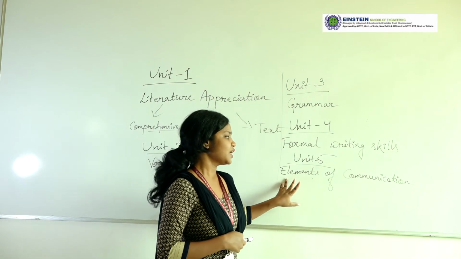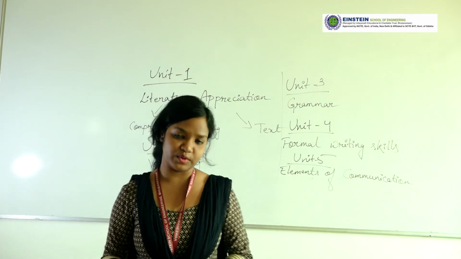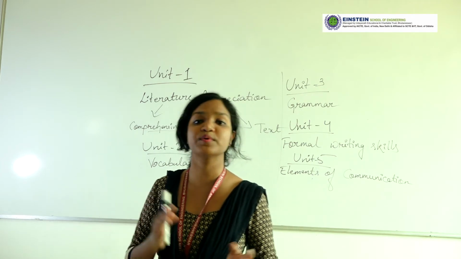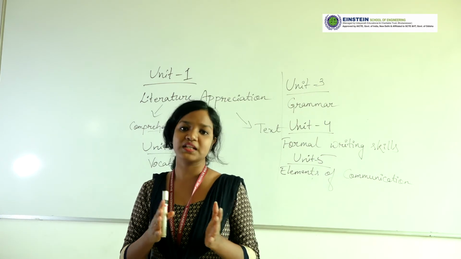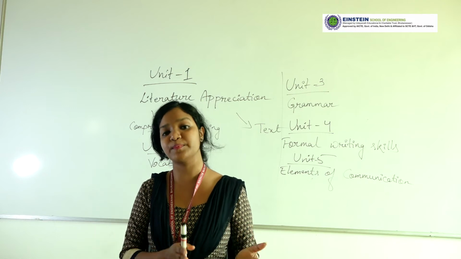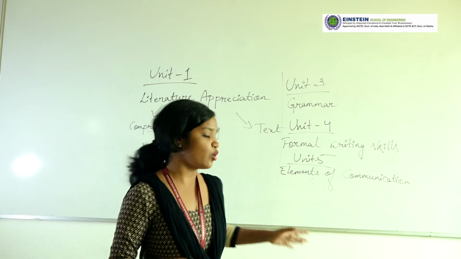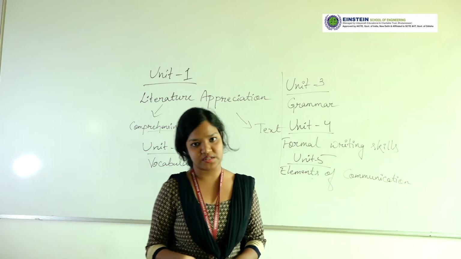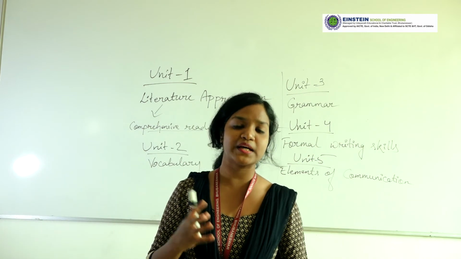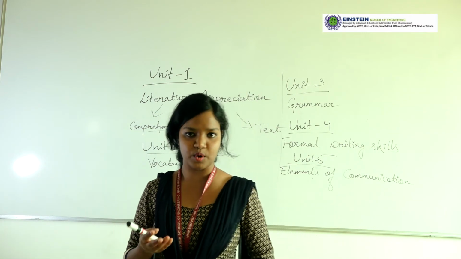So first of all, the students get to know what communication is. Why are they studying communicative English? As we can see, the subject itself is communicative English. So they ought to learn what communication is so that they can use their knowledge of English to communicate properly.